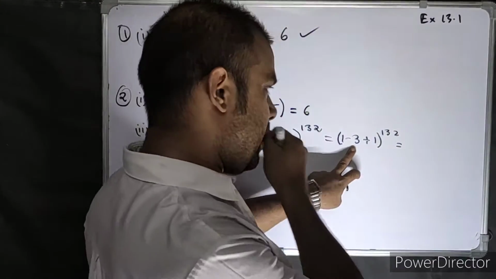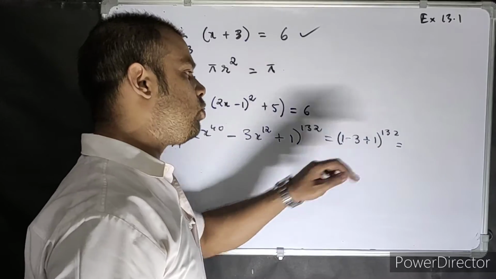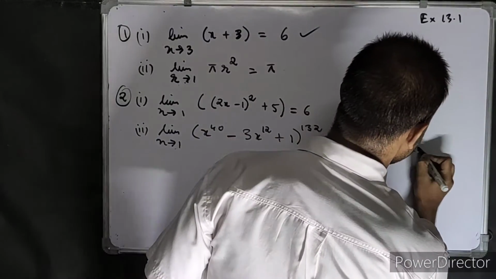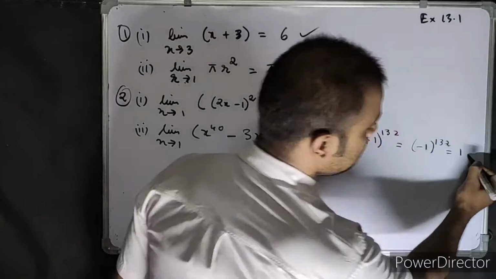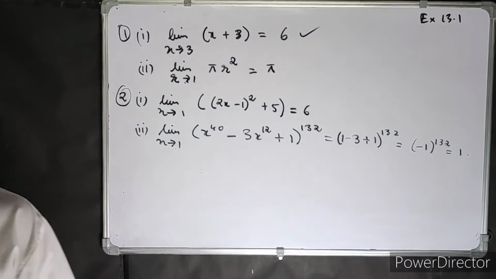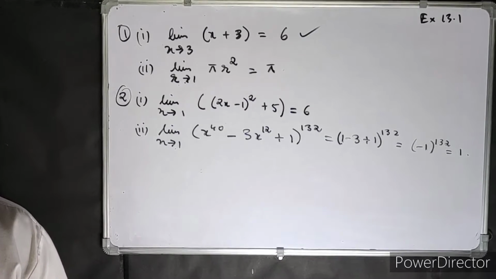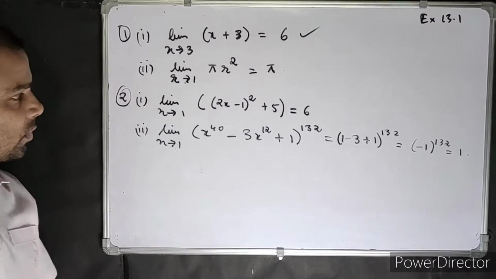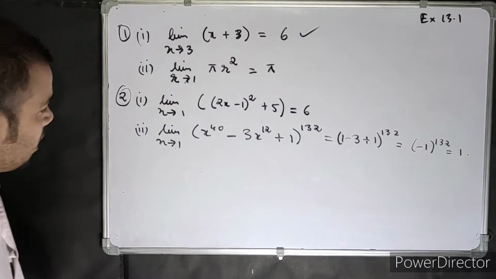Minus 2. Minus 2 plus 1 is minus 1. Minus 1 to the power 132 is a positive 1. This is just 1. No need to use your calculator. The answer is 1. 2 part 2, correct answer. That's also correct. Let's go on to the next question.